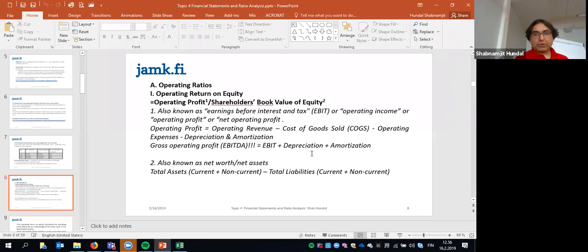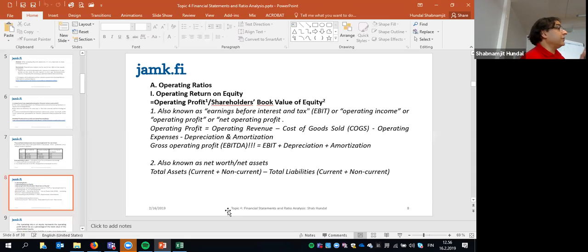Now, if you want to check what this ratio shows, if this ratio comes out to be 0.3, it means that every €1 invested by the shareholders can fetch them 30 cents of profit.